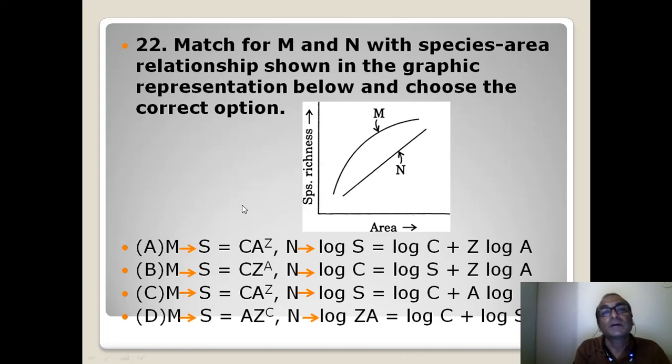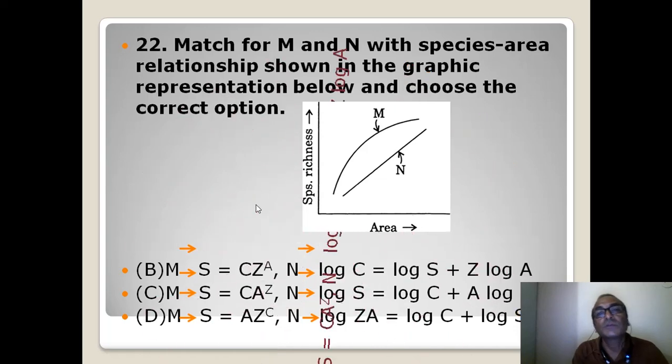If you remember the formulas given for these two curves, one is species richness S equal to C A to the power Z, and the other, for the straight line N curve, is log S equal to log C plus Z log A. So therefore, option A is correct.